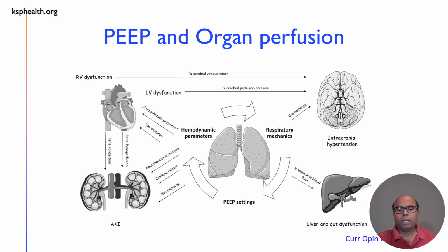As we spoke earlier, it has effects on the heart and also on the kidneys, liver and gut dysfunction, and also the cerebral circulation. The effects are a little bit different in each organ's perfusion. As we know, it improves right ventricular preload, and afterwards it increases the right ventricular afterload with higher PEEP.